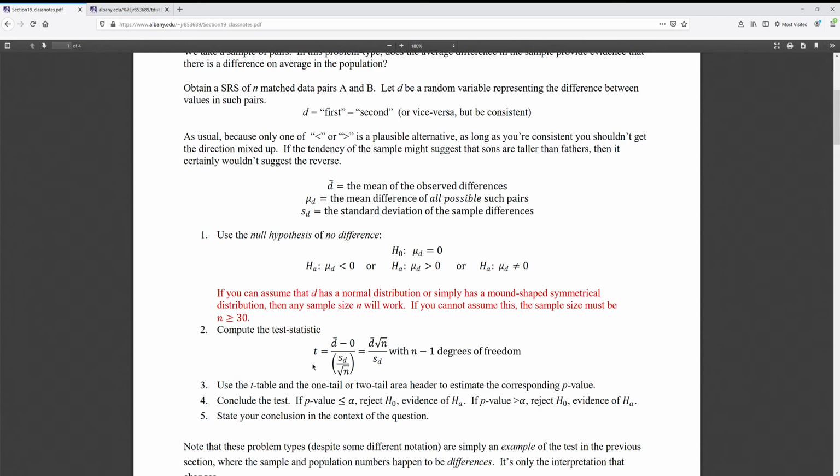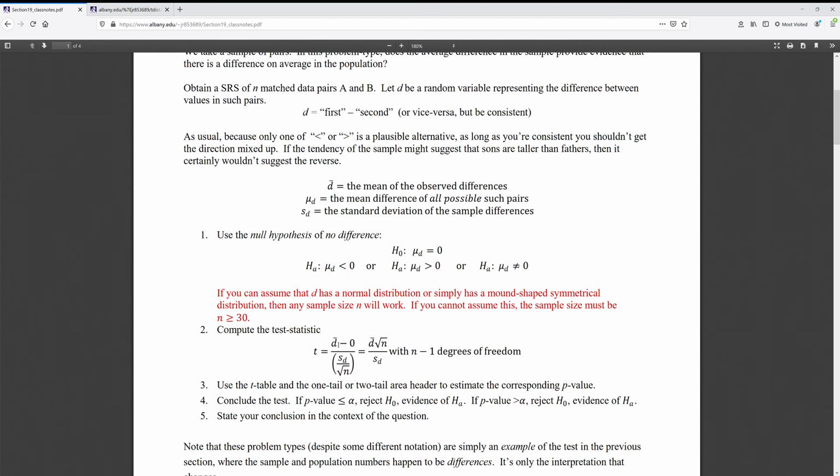So our test statistic formula, just based on an adaptation of what we did in section 18 with slightly different symbols, is t equals d bar minus 0 over s of d over the square root of n. That's the order of operations. And because you don't really have any real subtraction on top, you can flip and multiply.